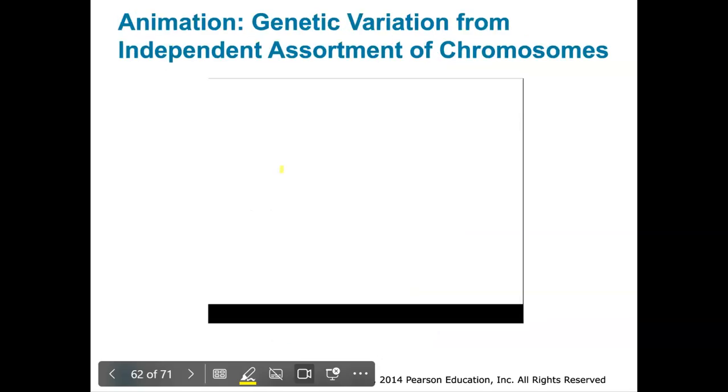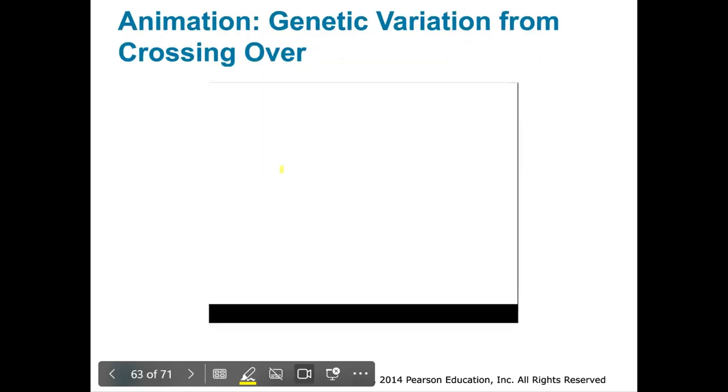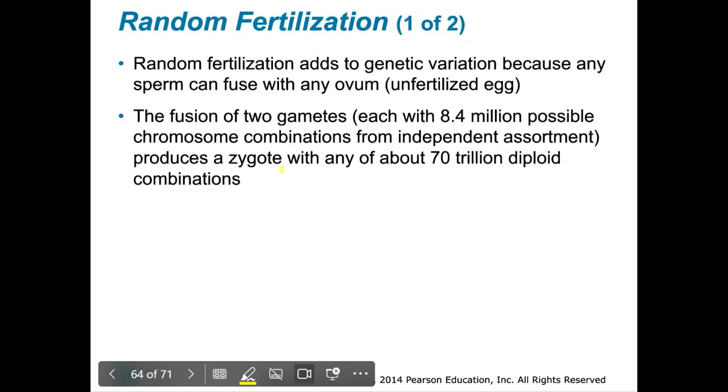So there is an animation on slide 62. It's called Genetic Variation from an Independent Assortment of Chromosomes. And I would highly encourage you to watch this one for sure. And then we have the random fertilization.